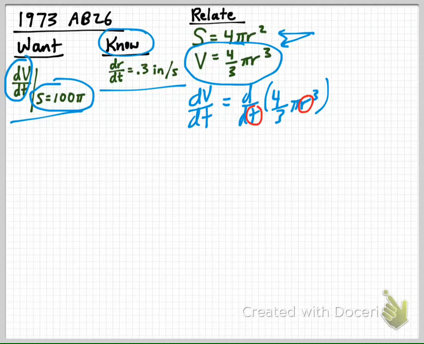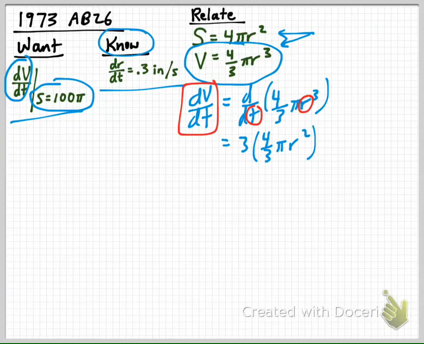The left side remains our dV/dt. The derivative of the right side would be 3, using the power rule, multiplied by the 4/3 pi times r squared, but then multiplied by the dr/dt.